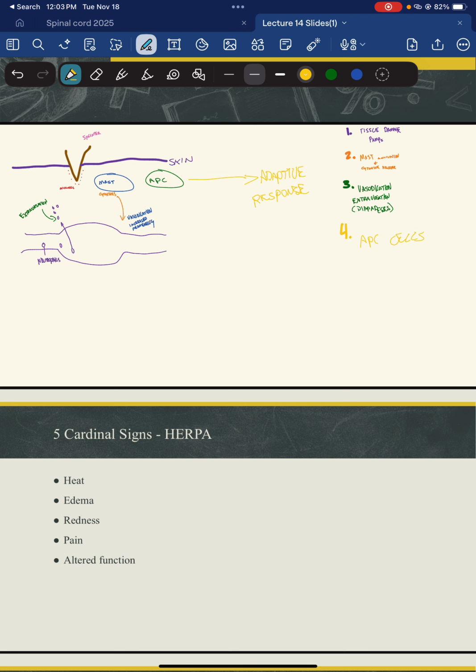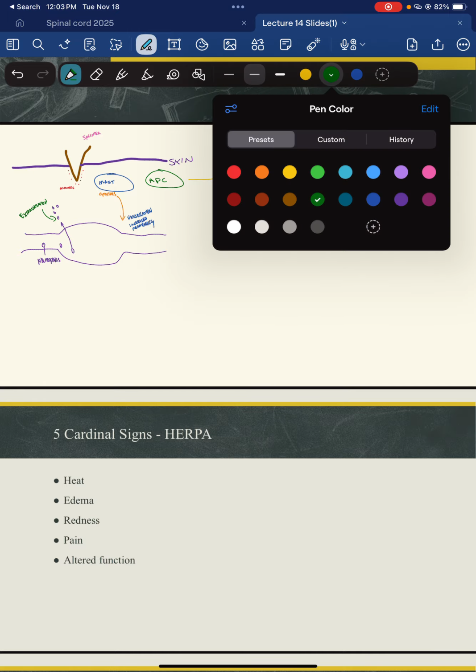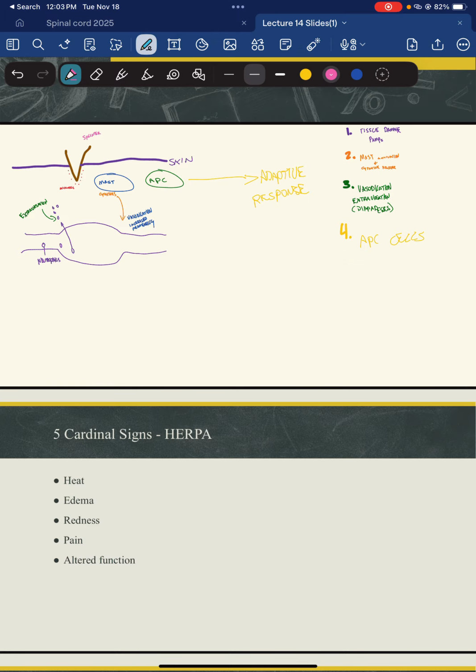What about pain? So there's actually a very special cytokine that's also produced. It's called prostaglandin. And prostaglandin stimulates nociceptors. Does anybody know what a nociceptor is? It's a pain cell. Nociceptors sense pain.